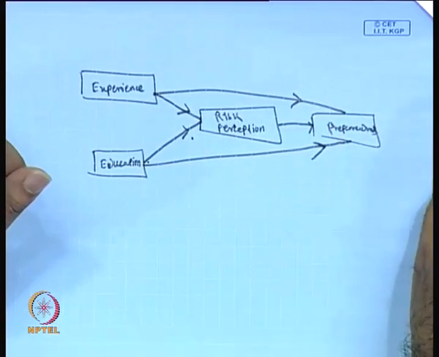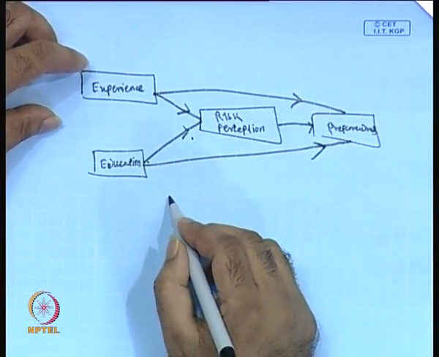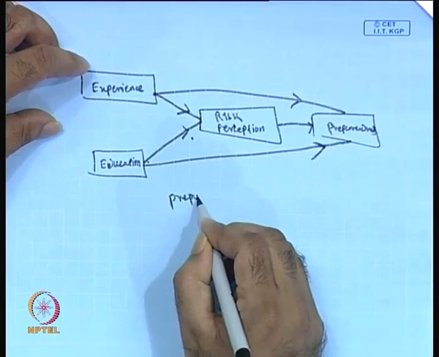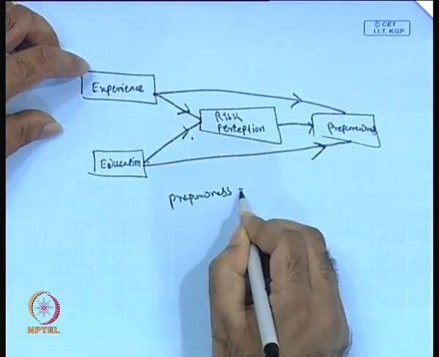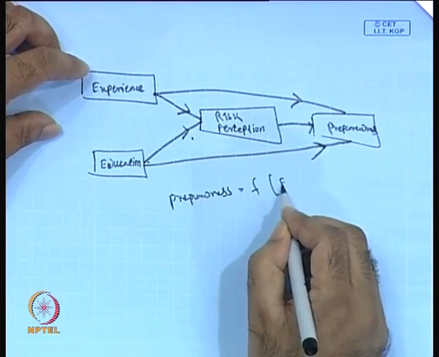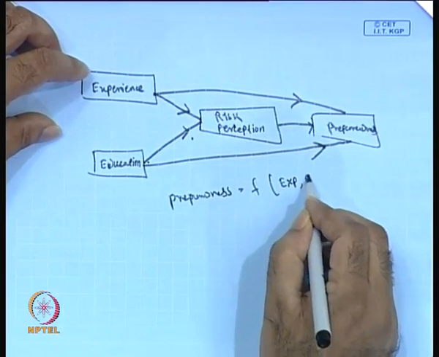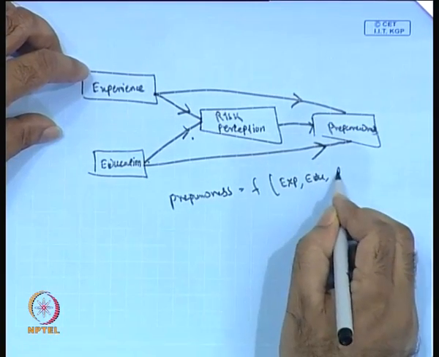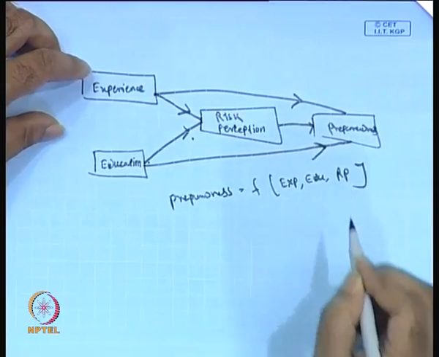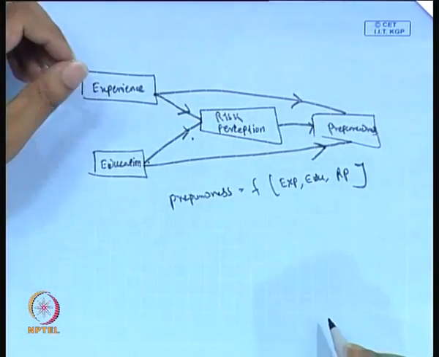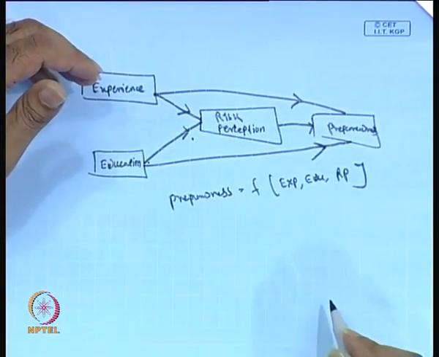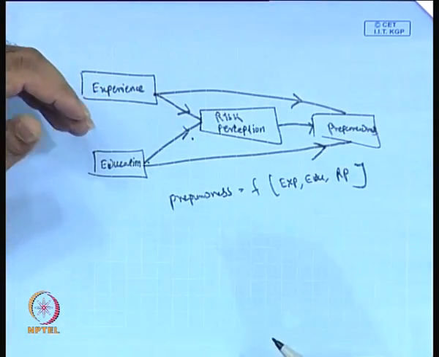So we can directly write it this way: preparedness is a function of experience, education and risk perception. We can write like this, then analyze. But in that case we cannot get a particular structure, or we cannot highlight the hidden causality between these problems.